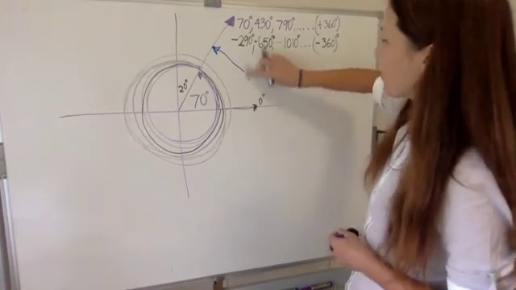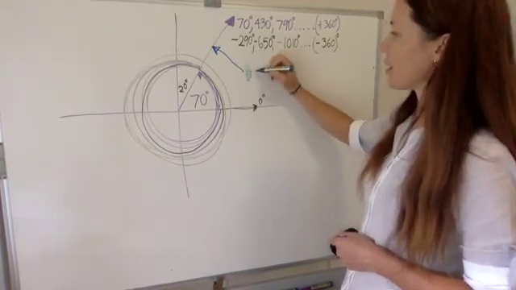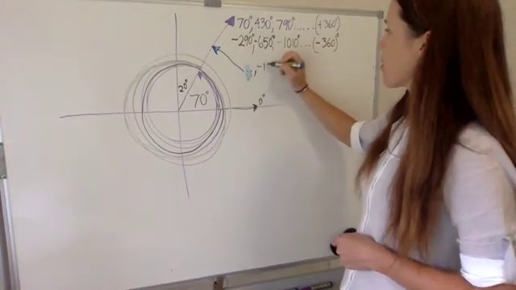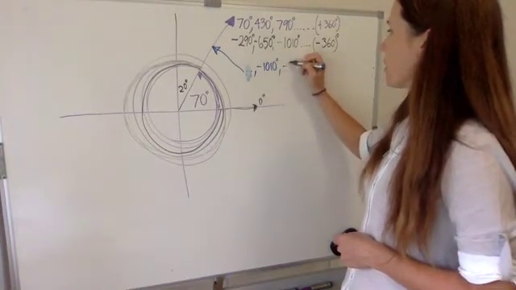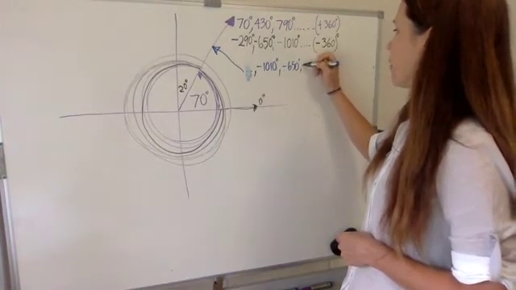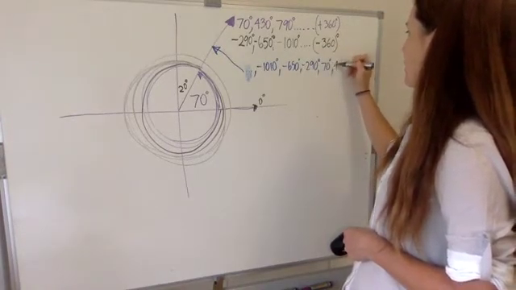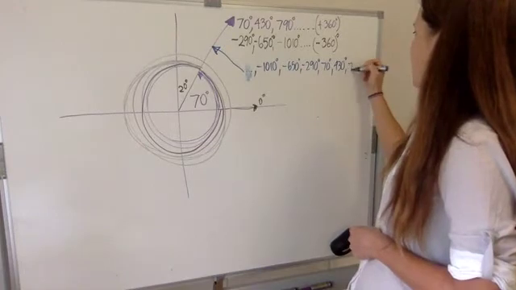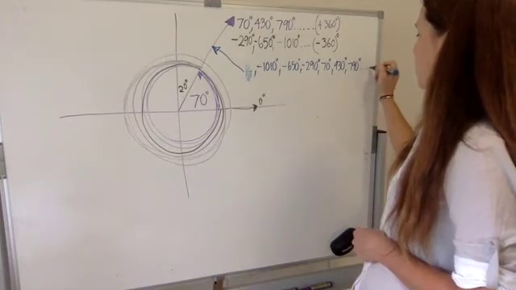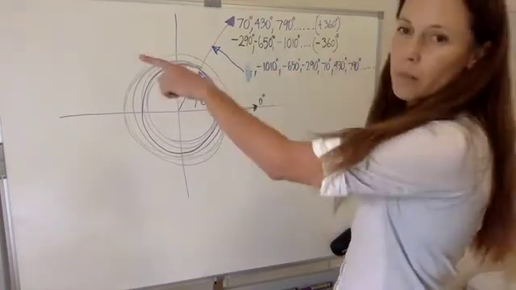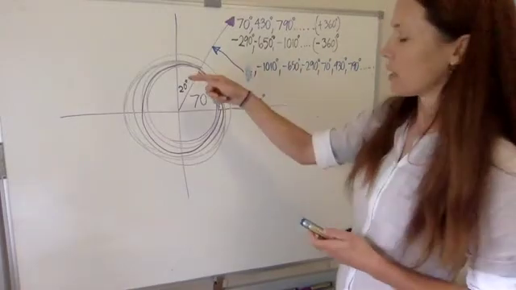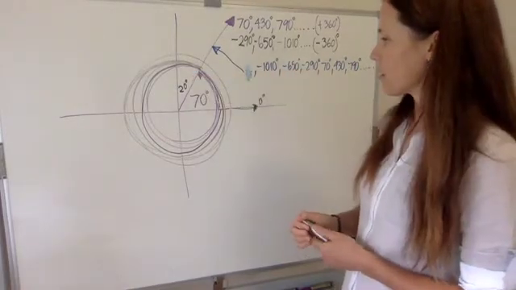In fact, let's start by saying dot, dot, dot, because there's many that come before it. We've got minus 1010, minus 650, minus 290, 70 degrees, 430 degrees, 790 degrees, dot, dot, dot. And those will go on in both directions, subtracting and adding 360 degrees.